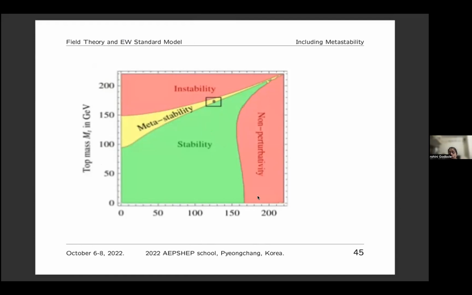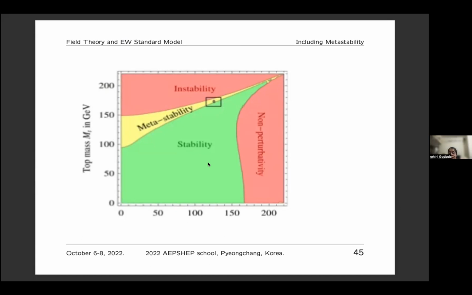What they show is that this green region would have been where the vacuum was absolutely stable, but this yellow region is where there will be metastability, and this region is unstable. And indeed, you see that the measured values of MTOP and MH seem to lie right at the edge.